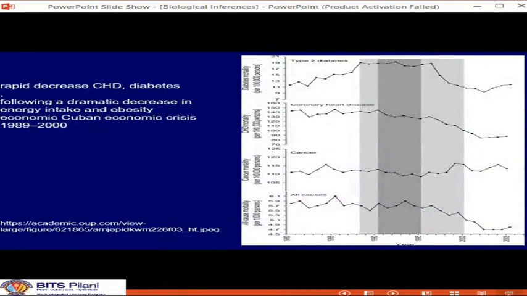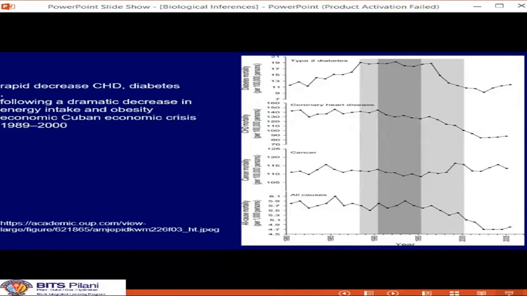This is the story of Cuba. On the x-axis is time, and on the y-axis are different disorders. I'll just take you through the top one, and I want you to go back and look at these slides because it's a very interesting story. During the time which is dark gray in the middle, there was an economic crisis in Cuba.